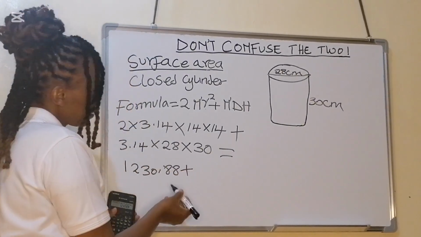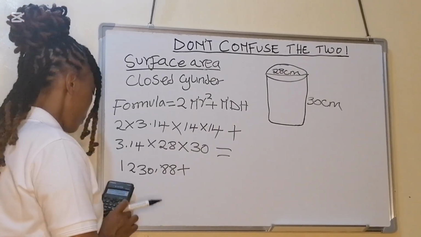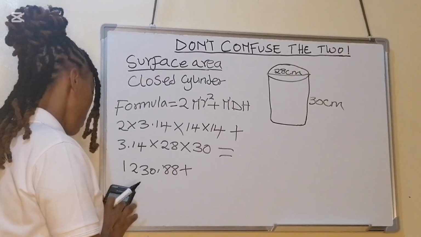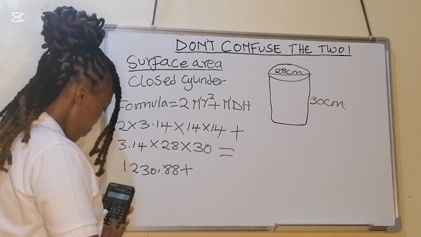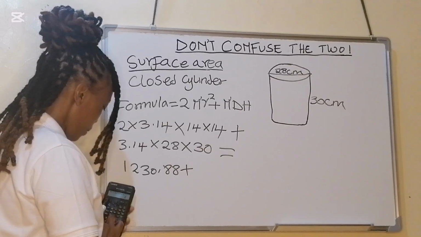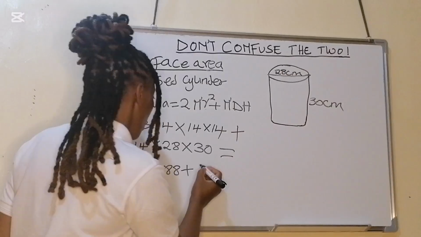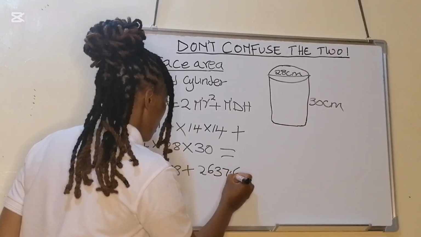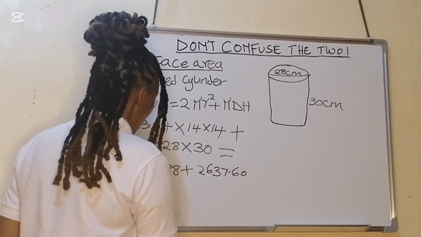I like putting the answer in 2 decimal places. I don't know if you got that. Write in the comment section what you have got. Then for the second part, pi dh, 3.14 times 28 times 30, I have got 2637.60. So what's the answer?